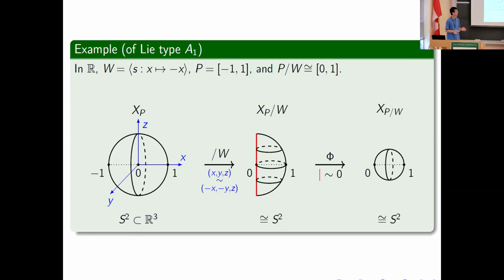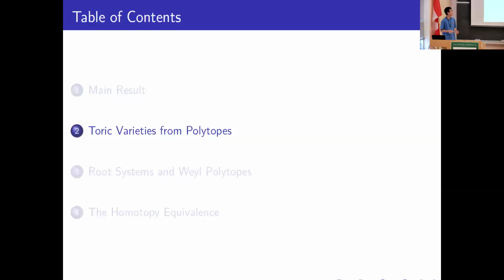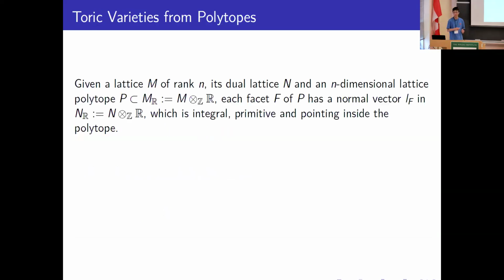It is actually collapsing the red vertical line into the point 0. So we get this map phi. It is clear that this map phi is surjective, and it is a homotopy equivalence from a sphere to a sphere. That's an example.